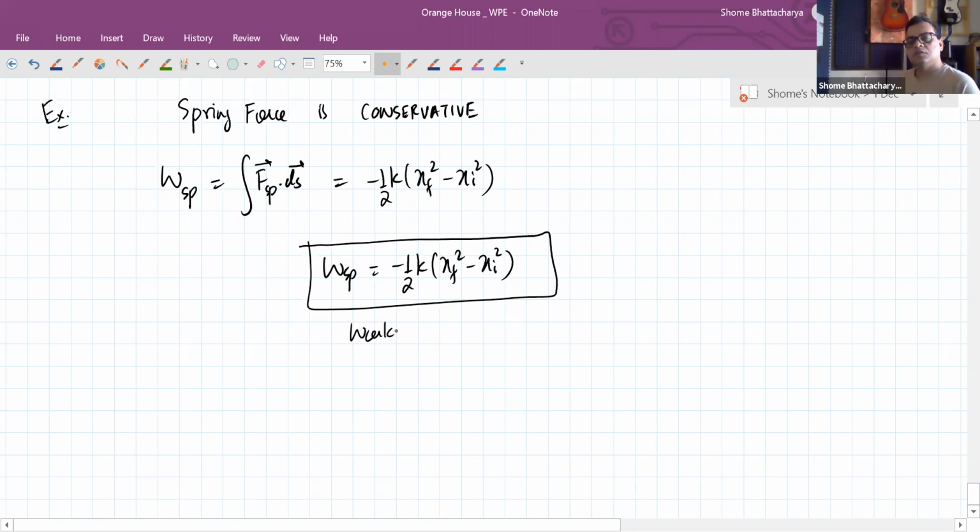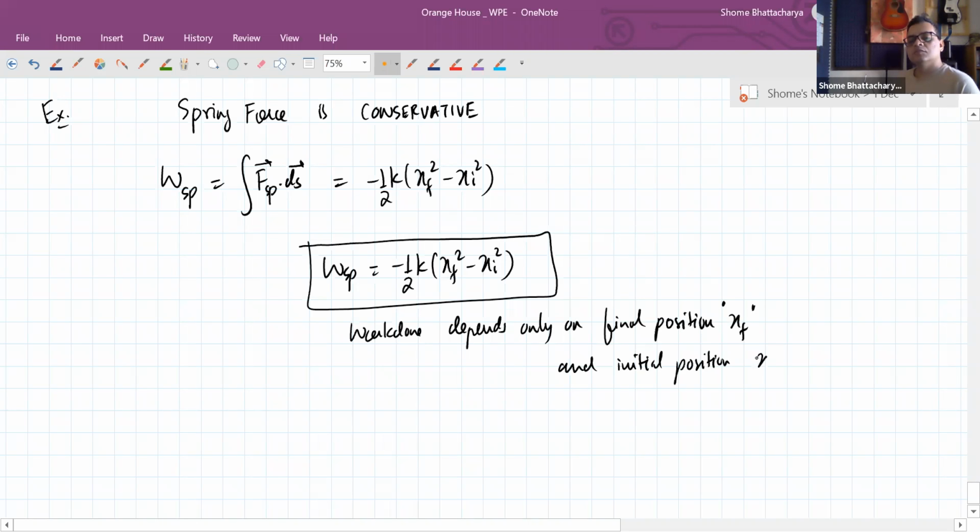The work done depends only on final position xf, because k is of course a constant, and initial position x initial. So therefore it is path independent. So that implies that spring force is conservative.